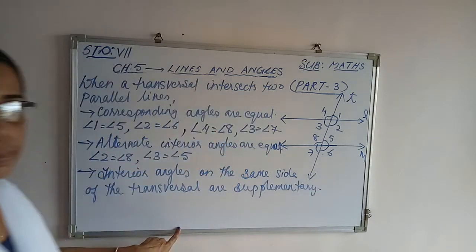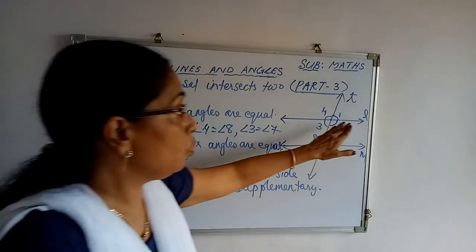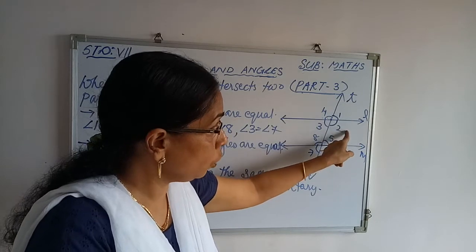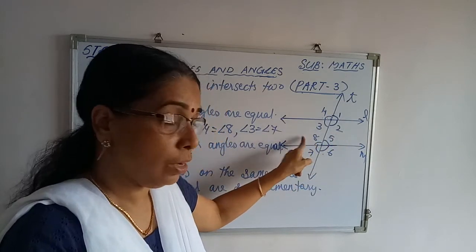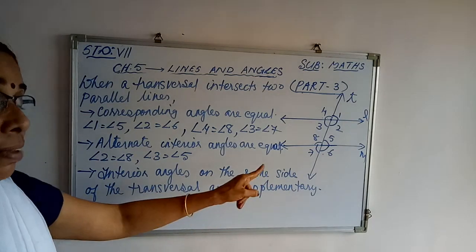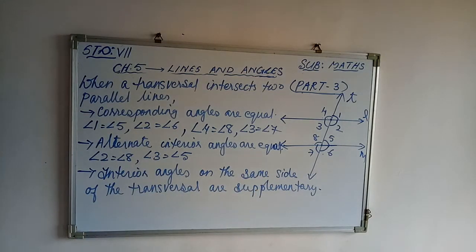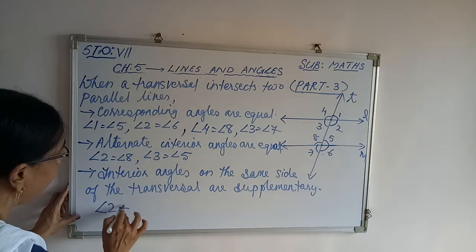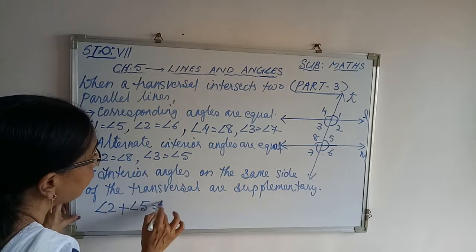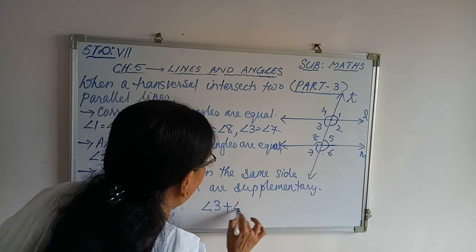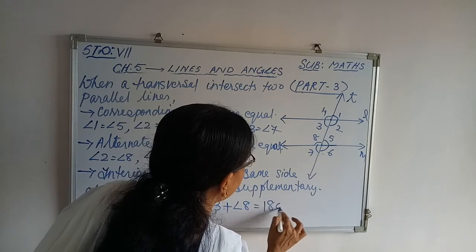Which are the interior angles? 2, 5, 8 and 3, but on the same side of the transversal: 2 and 5, 3 and 8. So it is given that interior angles on the same side of the transversal are supplementary. Supplementary means the sum of the angles makes 180 degrees. So angle 2 plus angle 5 is equal to 180 degrees. Then angle 3 plus angle 8 is equal to 180 degrees.